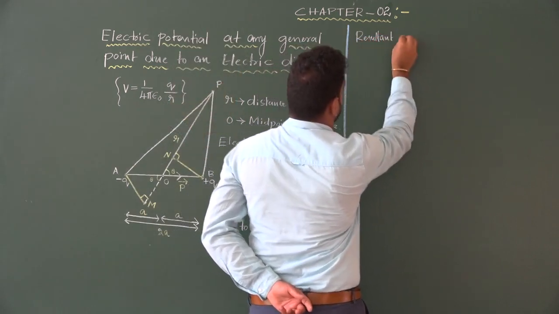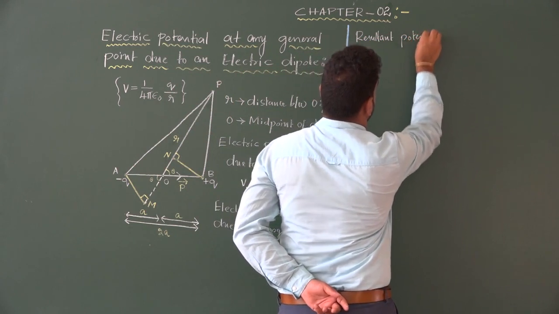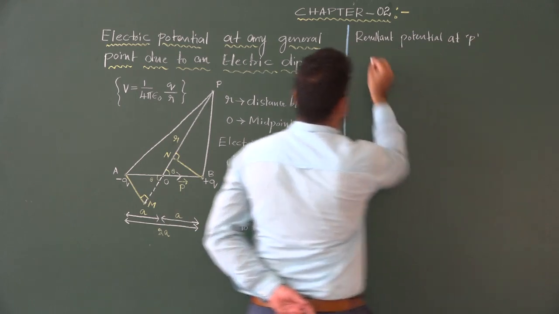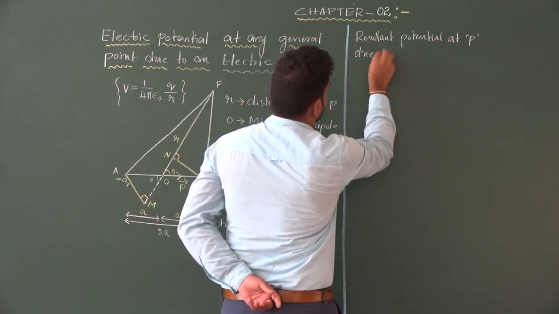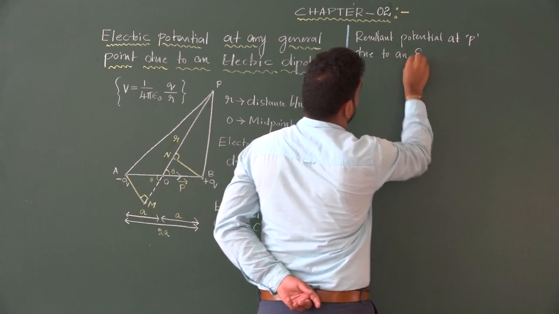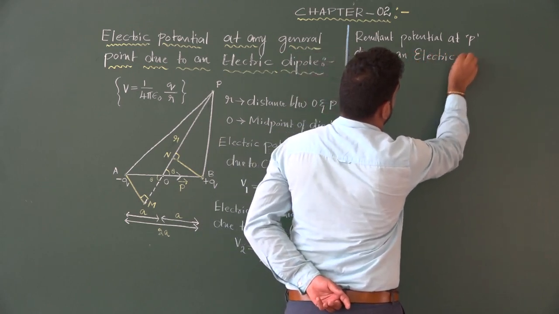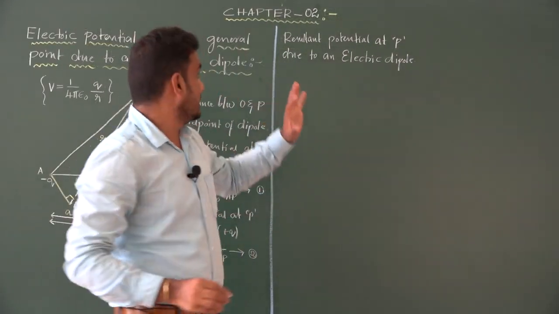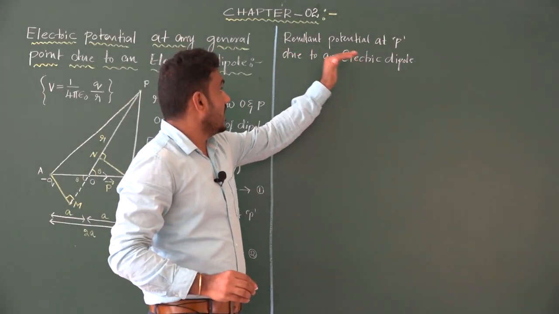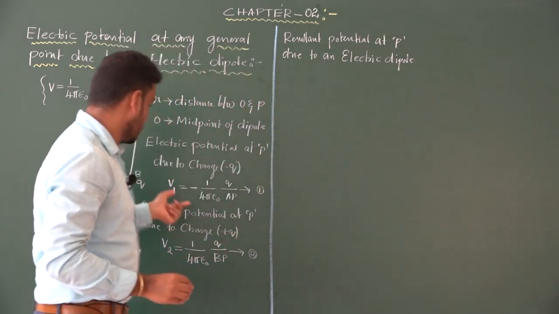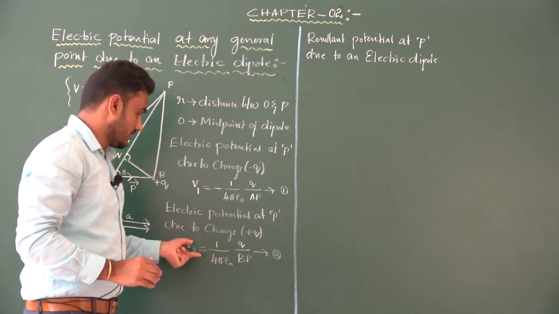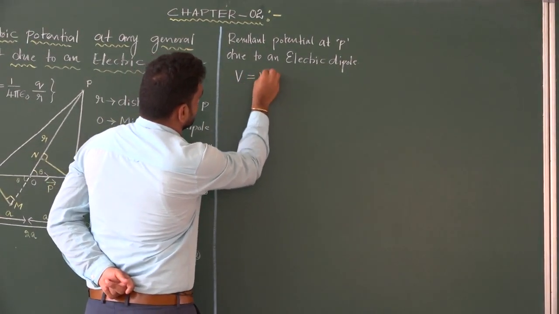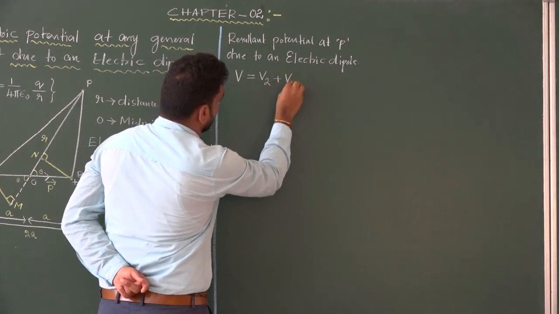So to calculate the resultant potential at point P due to an electric dipole, we need to add both V1 plus V2 or V2 plus V1. Resultant potential is V, so V2 plus V1.